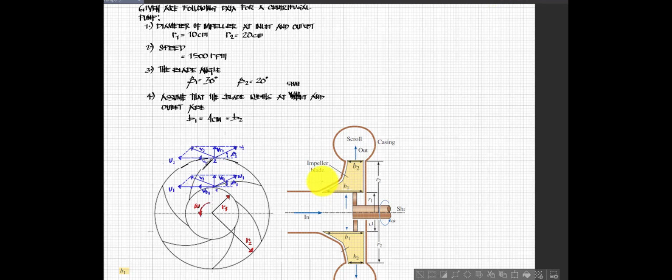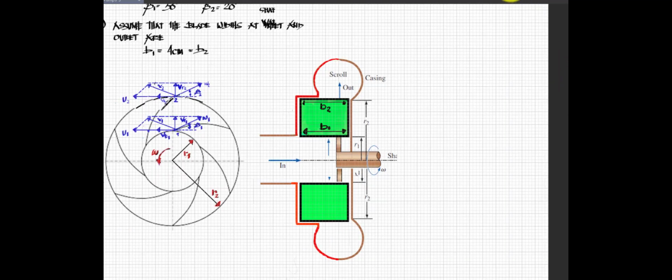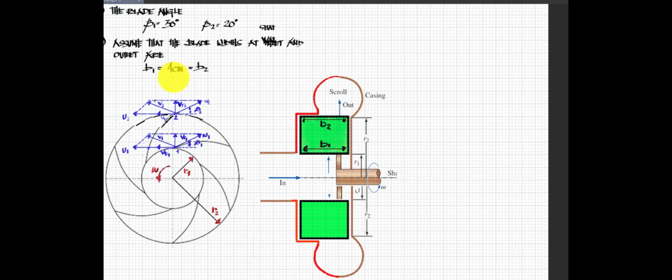So when we say equal, B sub 1 and B sub 2 are equal, and the impeller will look like this. I adjusted the blade since, as given in the problem, we have the same thickness for B sub 1 and B sub 2. You will notice we have the same thickness on both sides.